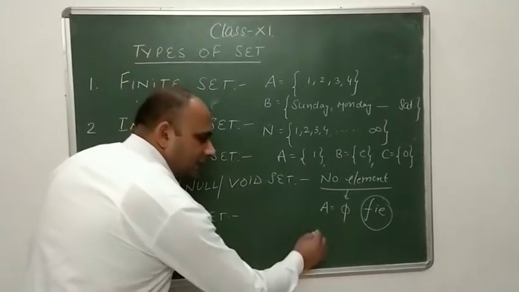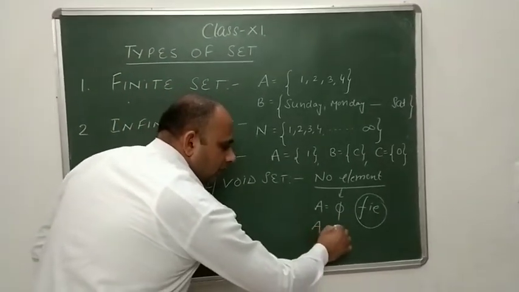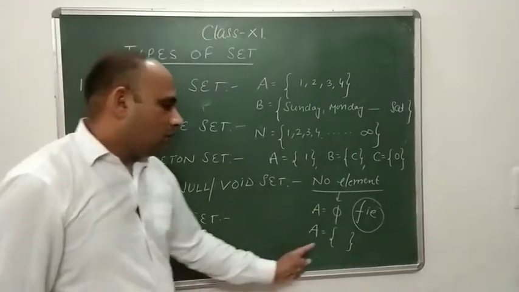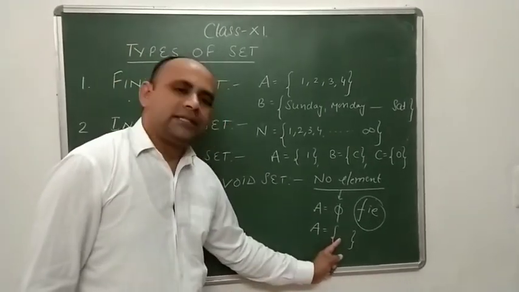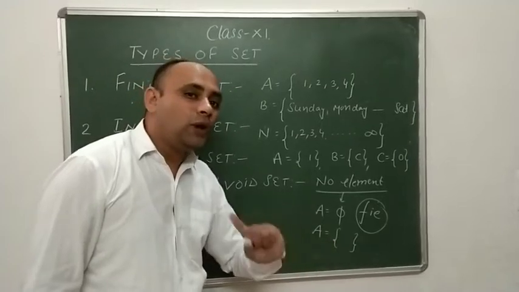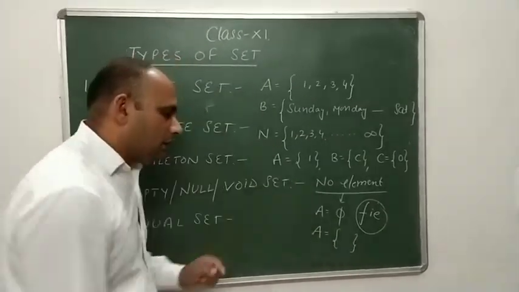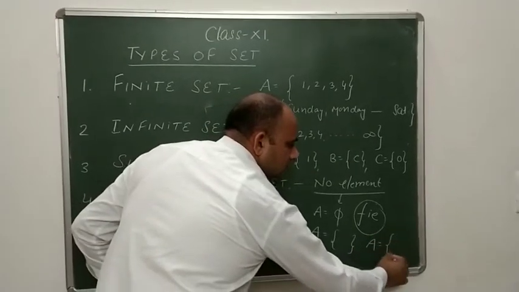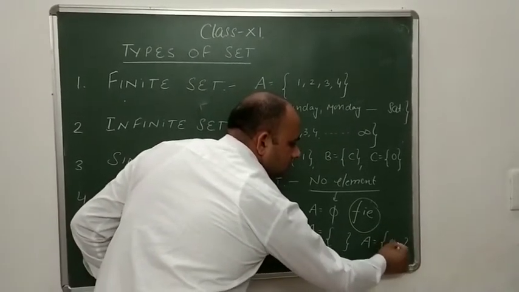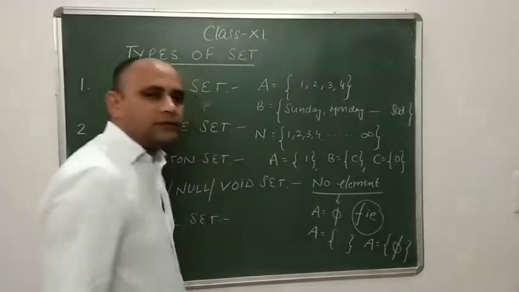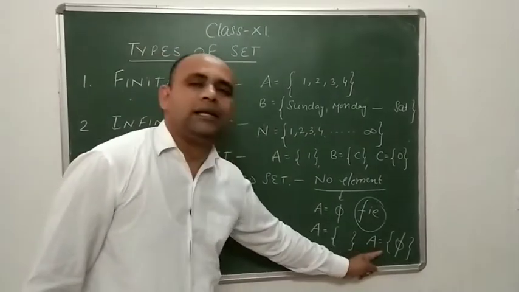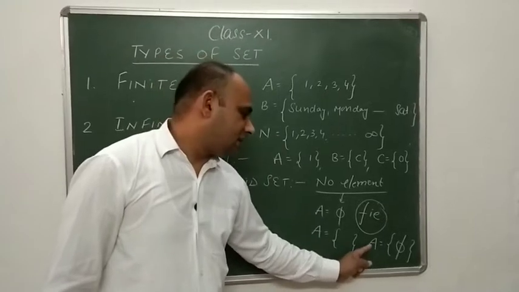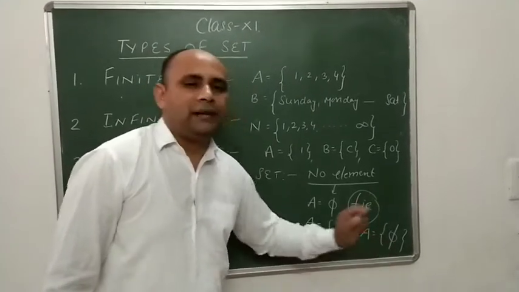Okay, either you can write only brackets, curly bracket, no element. If you will write phi inside, then it is single element, it means singleton set. It means set A have one element.